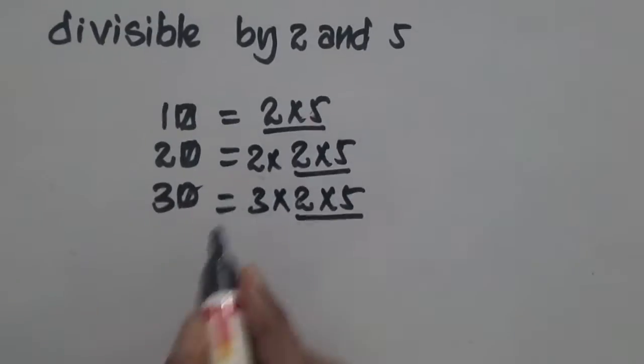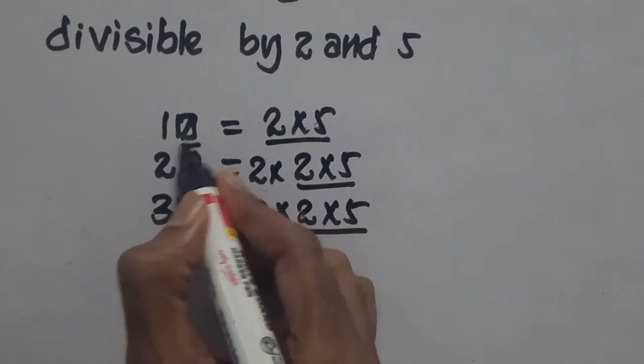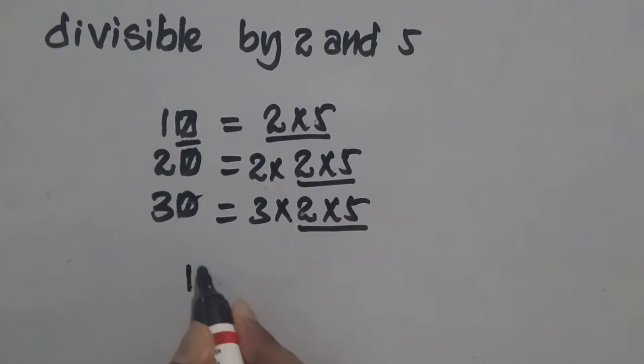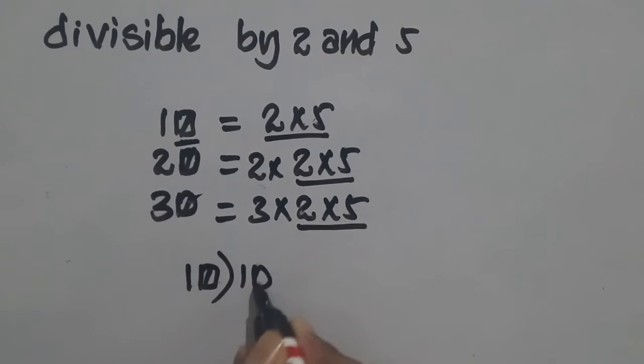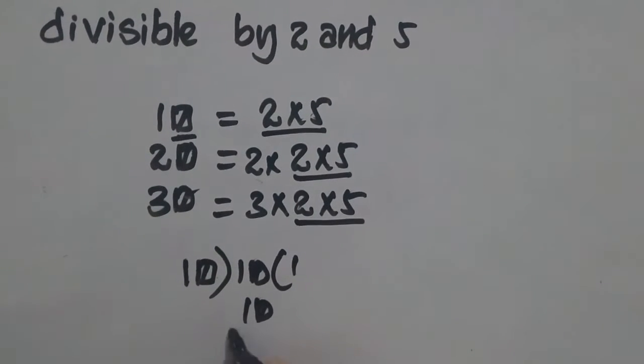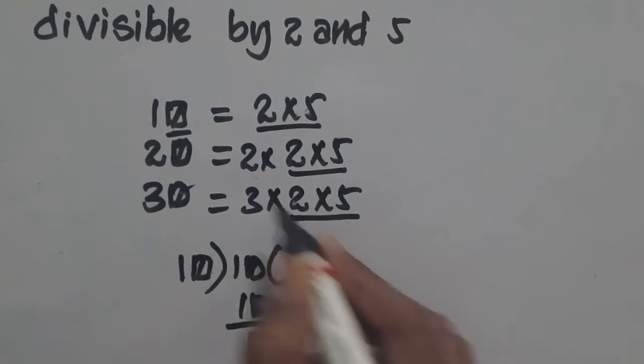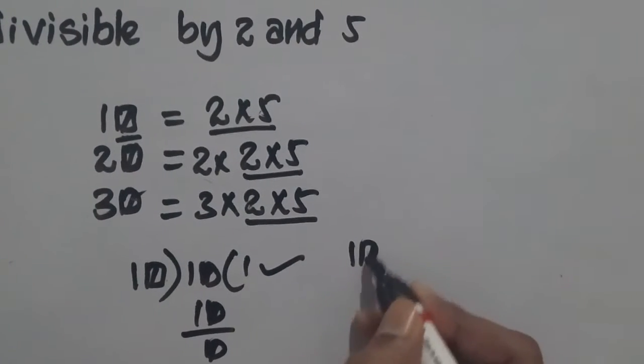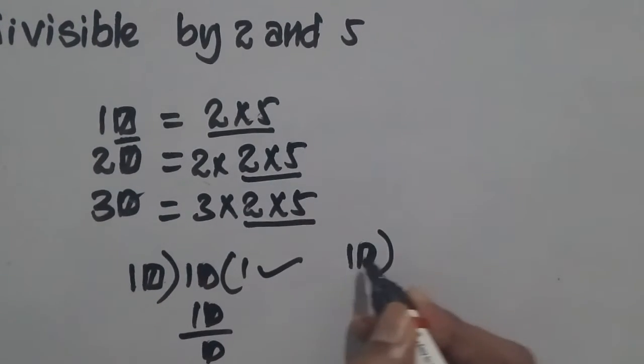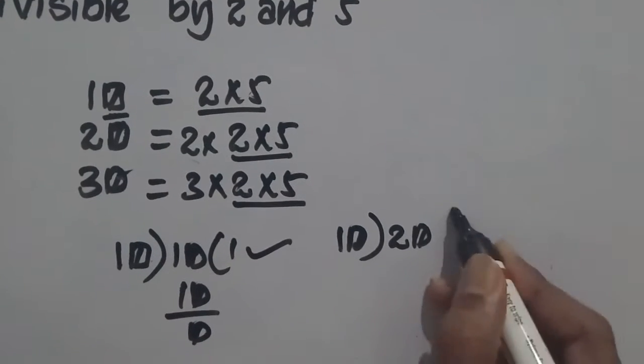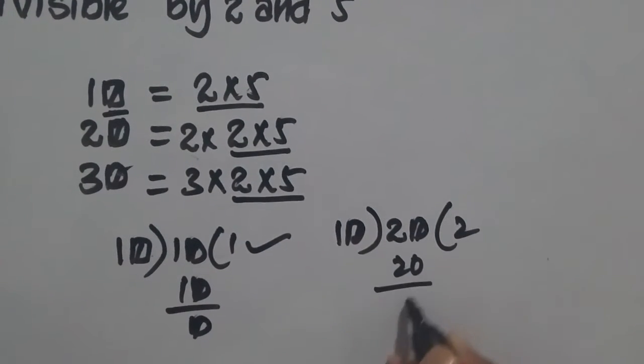2 and 5 means 10. See once, if the last digit is 0, therefore it is divisible by 10. 10 ones 10, and the remainder is 0, it is divisible. Again, 20 is also divisible by 10: 10 twos are 20 and the remainder is 0.